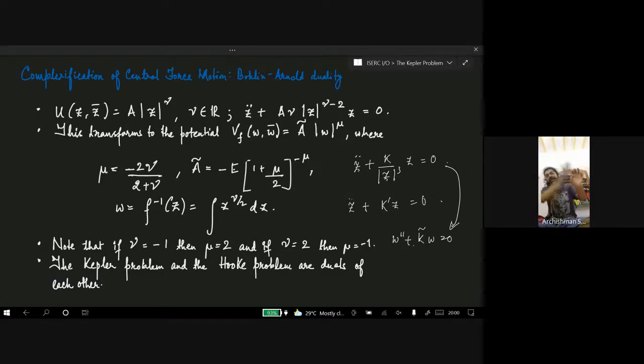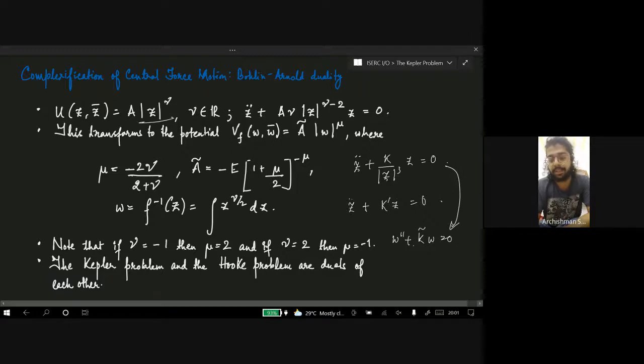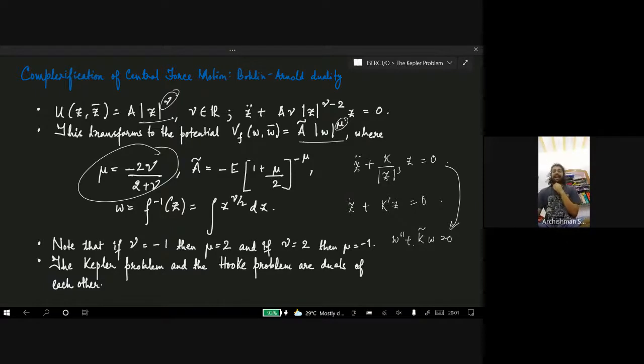Every power law potential has a dual potential, and that duality is expressed by this fact that if you have a power law potential of the form something like a mod z to the power nu, then you end up with a dual potential of a tilde mod w to the power mu, where mu has this particular form. And in case of power law potentials, these are dual.